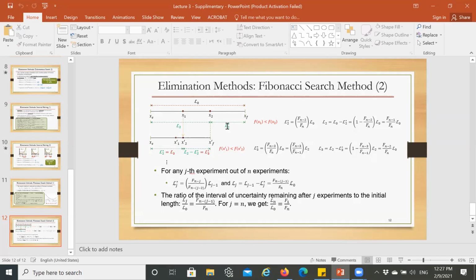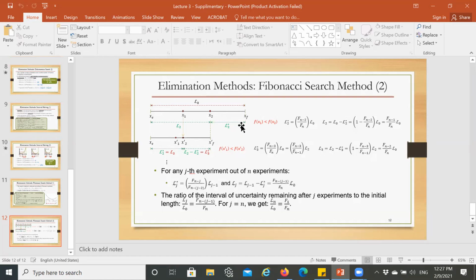So over here, we are removing this part. Then over here, if again f of x bar 1 is less than f of x bar 2, we will remove x star 3 and so forth. Now, the amount of interval that is being discarded in every iteration is unknown. It's not a constant.